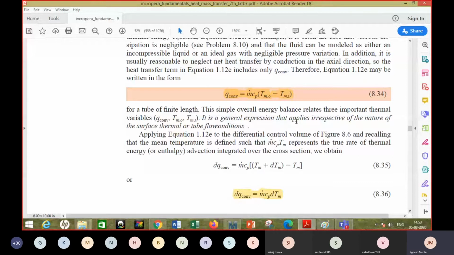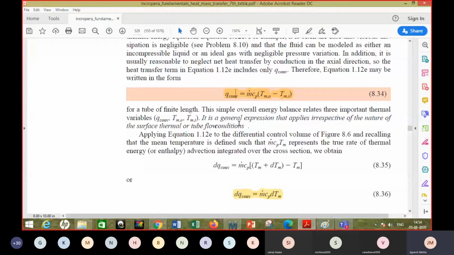Okay. Now for the whole tube, we can write this equation: total heat that is convected into the fluid is the mean outlet temperature minus mean inlet temperature into m dot into Cp of the fluid. So that's the total heat transferred into the fluid throughout its length.